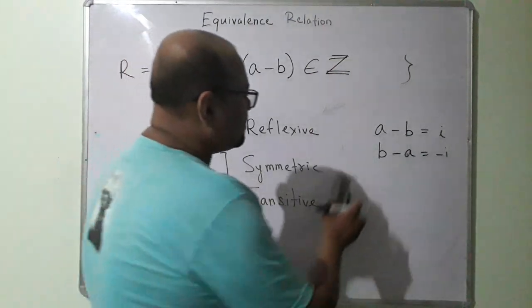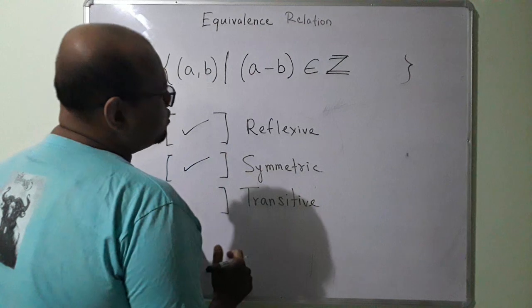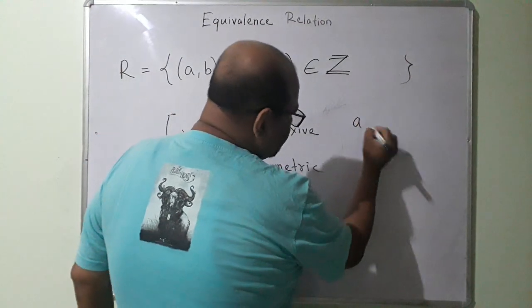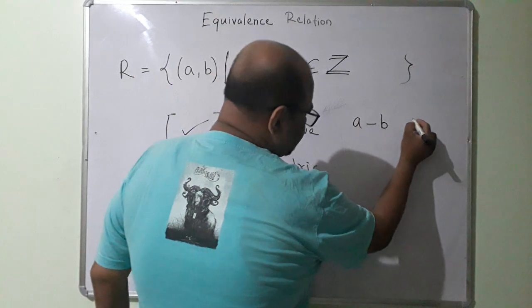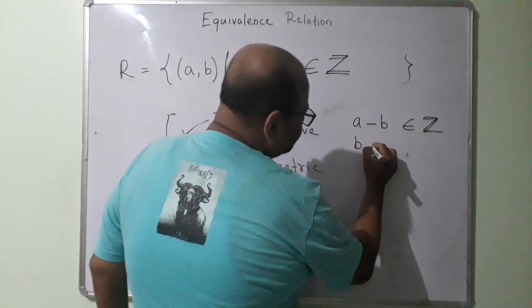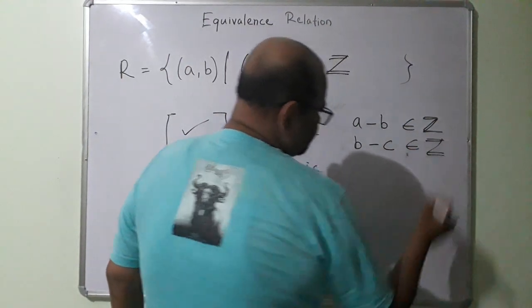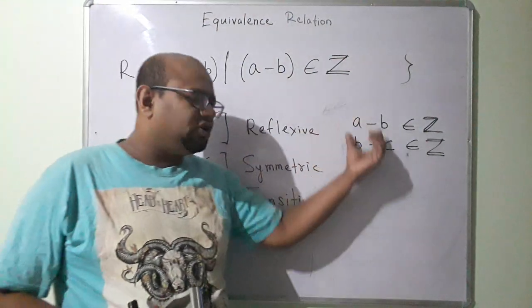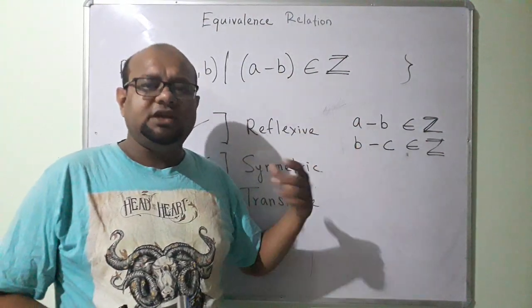Now let us figure out if this is transitive. If AB belongs to the relation, that means A minus B is some integer. If BC belongs to the relation, then B minus C is some integer. So if AB and BC belong to the relation, both A minus B and B minus C are integers.